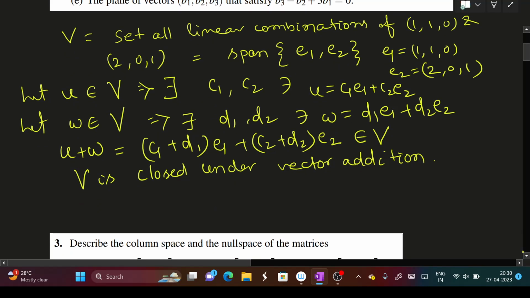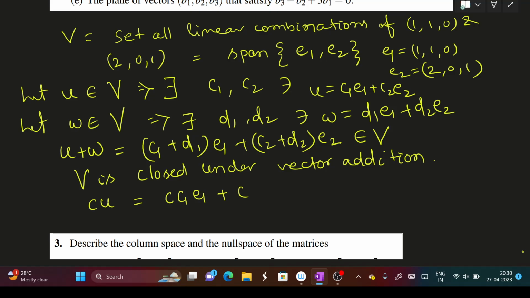Now what about C into U? This is equal to C times C1 E1 plus C times C2 E2. So again this is a scalar, and C U is also a linear combination of E1 and E2.